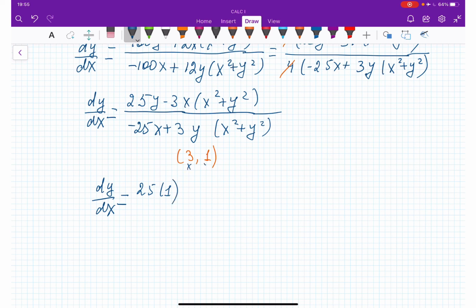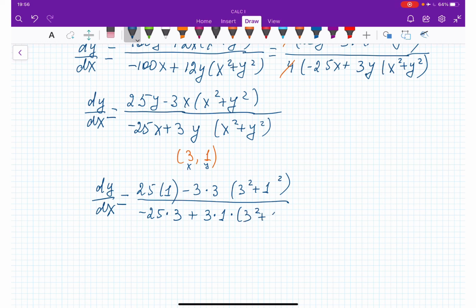This is your x, this is your y, minus 3 times 3, (3 squared plus 1 squared). Here in the denominator, it's going to be negative 25 times 3 plus 3 times, well, multiplied by 1, times (3 squared plus 1 squared). Okay, this is equal to 25 minus 90.